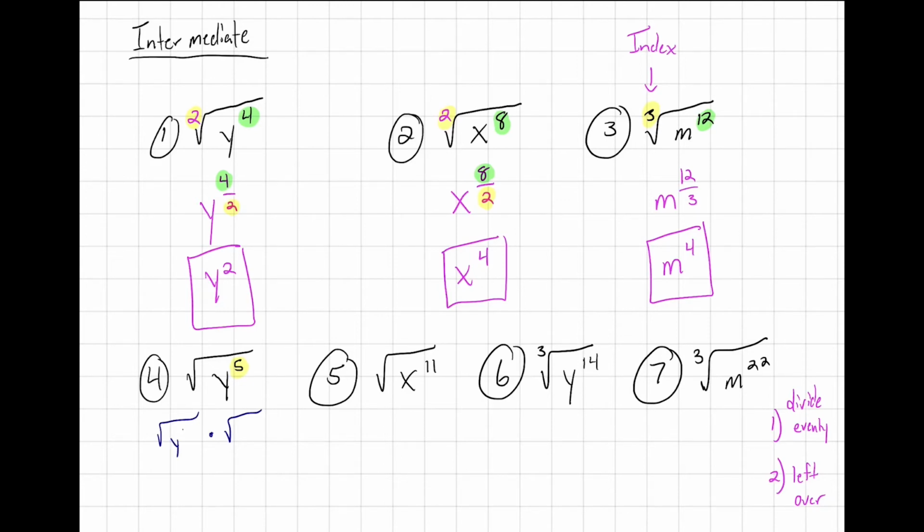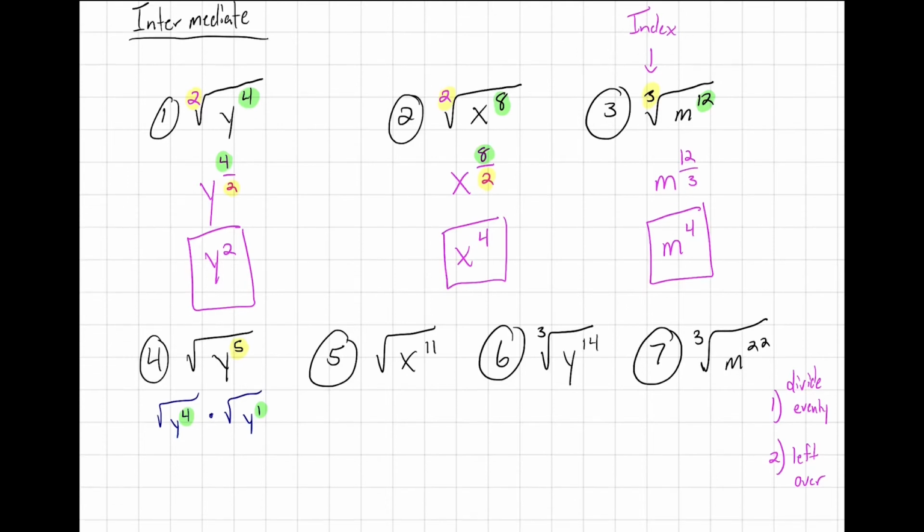So here, if I do that, I can split up y to the 5th into y to the 4th times y to the 1st. The reason that I can do that is because when you're multiplying exponents, you just add them. So 4, which I'll highlight here in green, 4 plus 1 is 5. And that's how exponents split up. So all you have to do is just take one away, and you'll be in good shape.